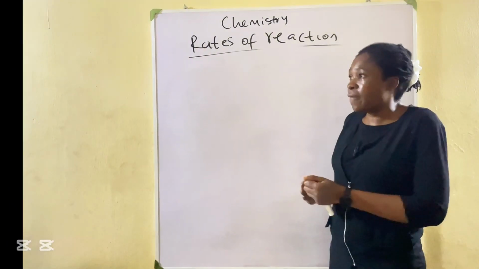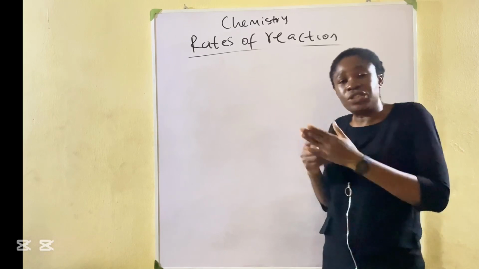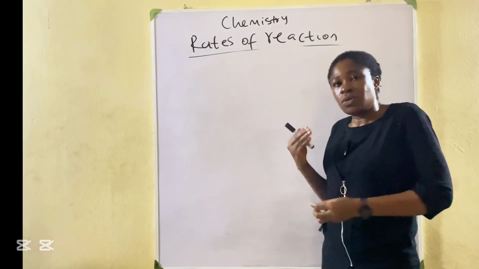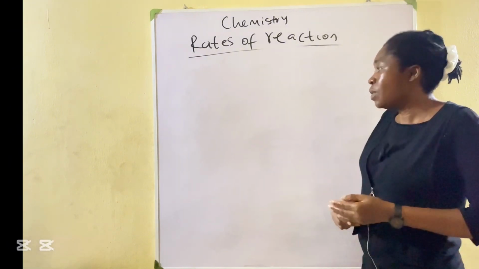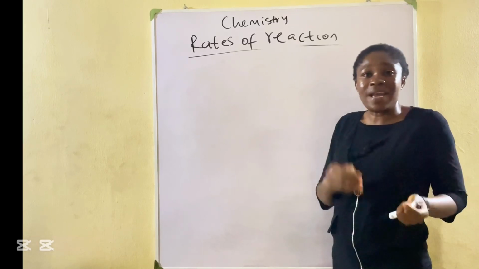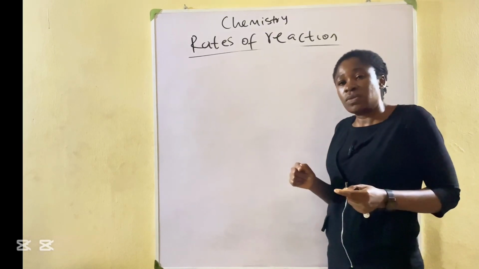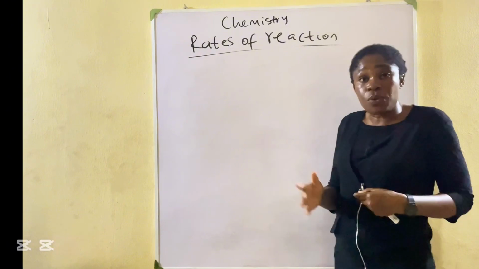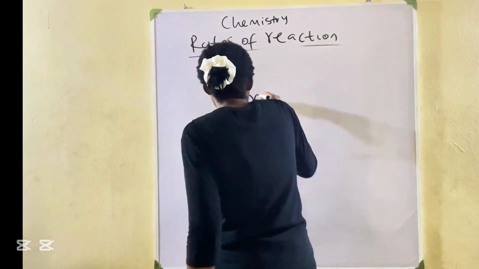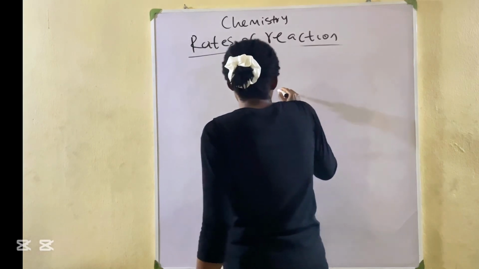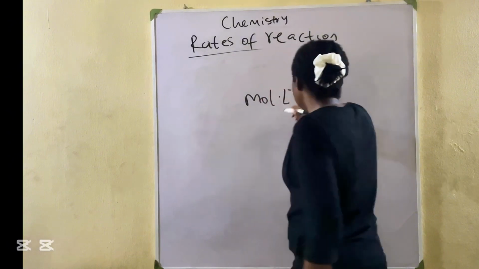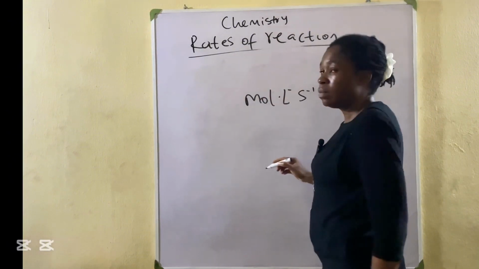Alright. Rate of reaction can be defined as the change in concentration or volume, mass of the product or reactants per unit time. Or you can also say the rate of a chemical reaction is the number of moles of the reactant converted or product formed per unit time, and the unit is mole per liter per second.